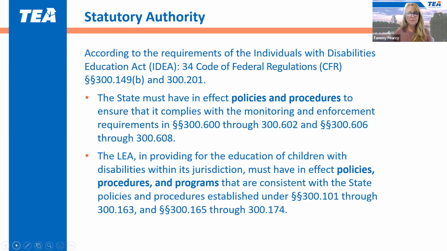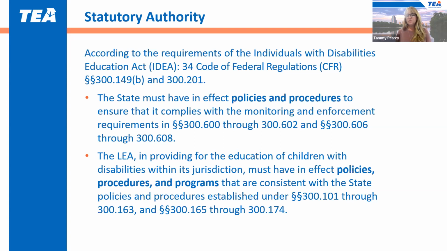The other thing we see in statutory requirements related to this is that the LEA, that's you guys, in providing the education of children with disabilities within your jurisdictions, must have in effect policies, procedures, and programs that are consistent with the state policies and procedures established under 300.101 through 163, which are related to all of the FAPE requirements in implementing IEPs and evaluations with students, and 165 through 174.